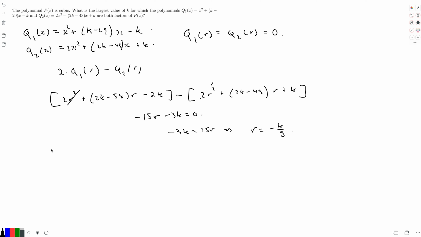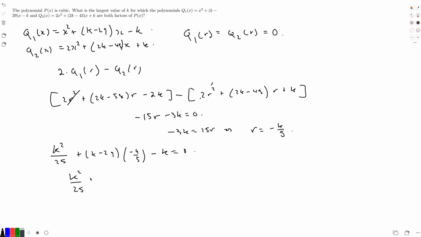So let's do that. Plugging this into q1 of x gives us k squared over 25, plus (k minus 29) times negative k over 5, then minus k, is equal to 0. Let's multiply top and bottom by 5 for the middle term.